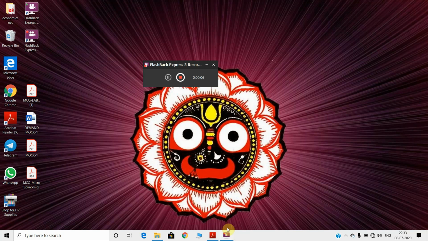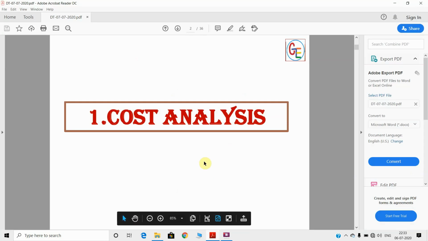Today we are going to discuss cost functions, and there is an inverse relationship between the production function and the cost function. You know very well that the nature of the average cost curve and the marginal cost curve is U-shaped.